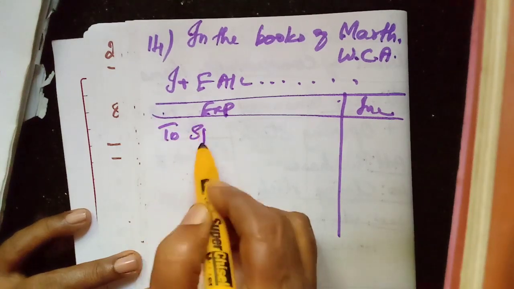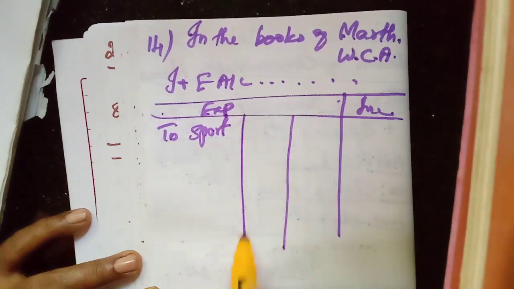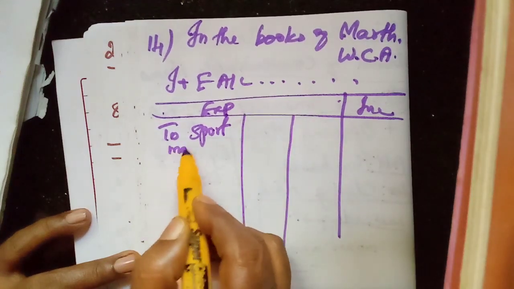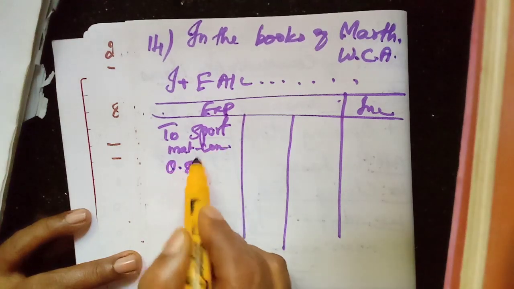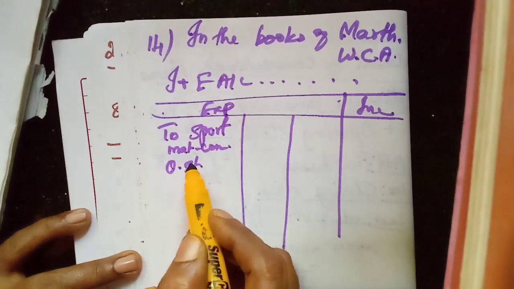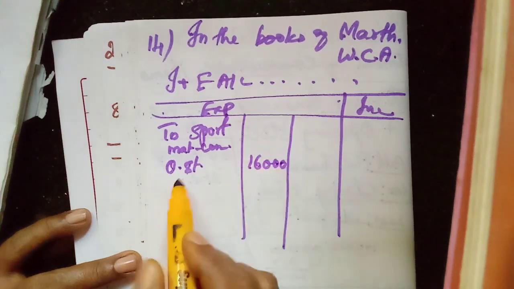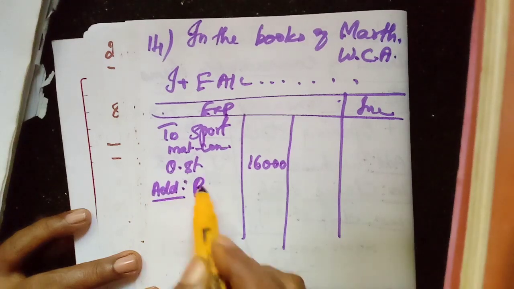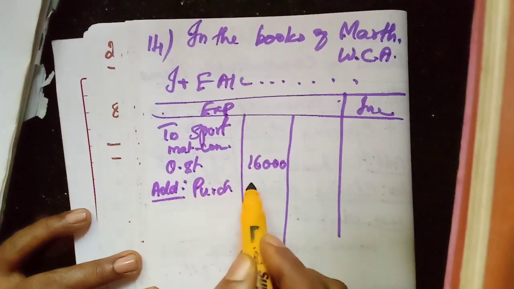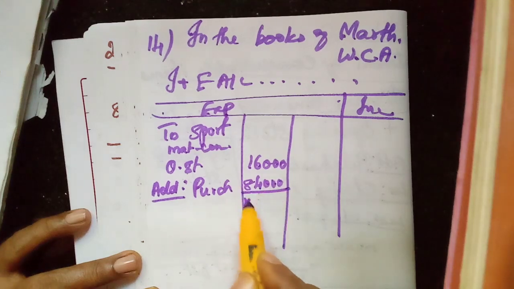Sports materials consumed. Double amount column. What we have to write? Opening stock, you write fully. Opening stock 16,000. Add purchases 84,000, so 1 lakh.